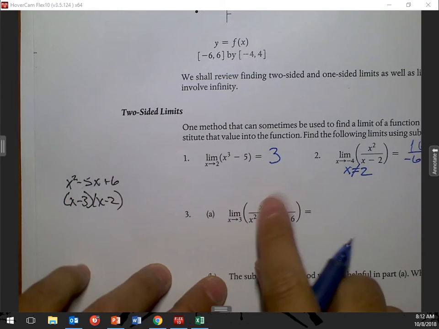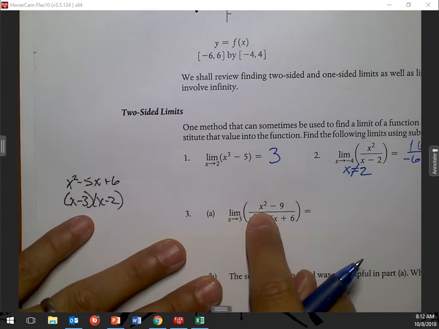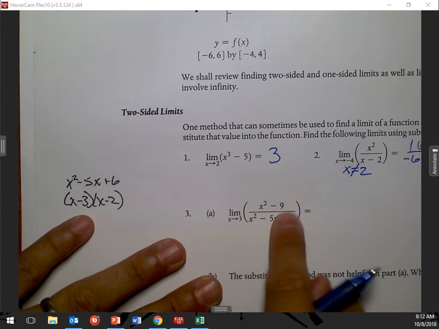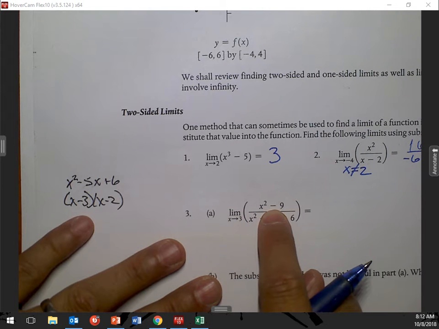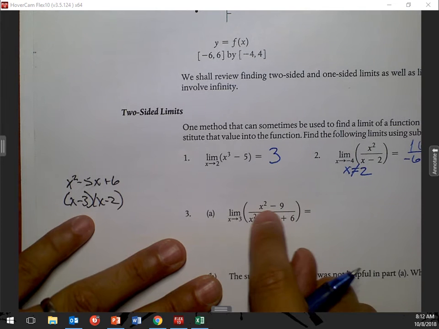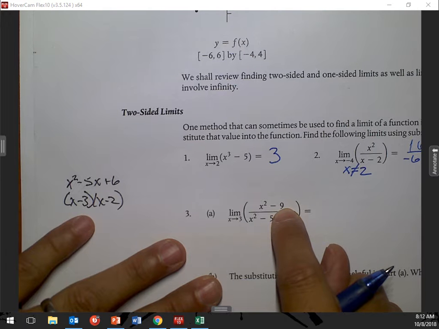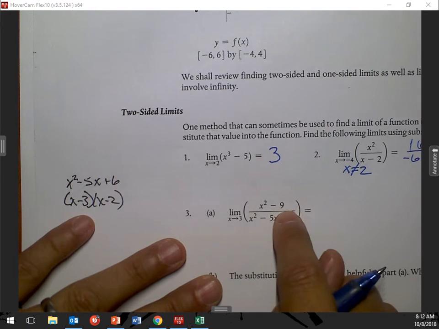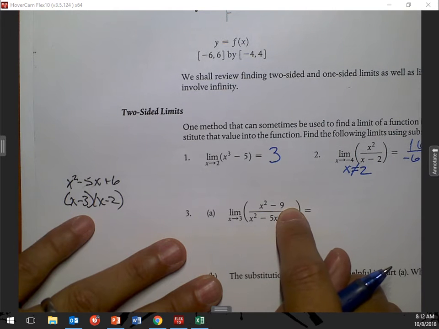So on top, whenever you see a minus sign, you have a binomial. Always take a look at the numbers you have in between. This is x squared, that's a perfect square, right? Is 9 a perfect square also? Yes, 9 is also a perfect square. So what you can do is turn this into a difference of squares.